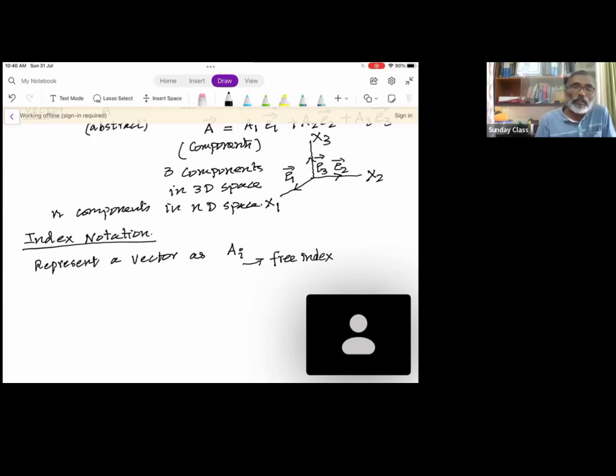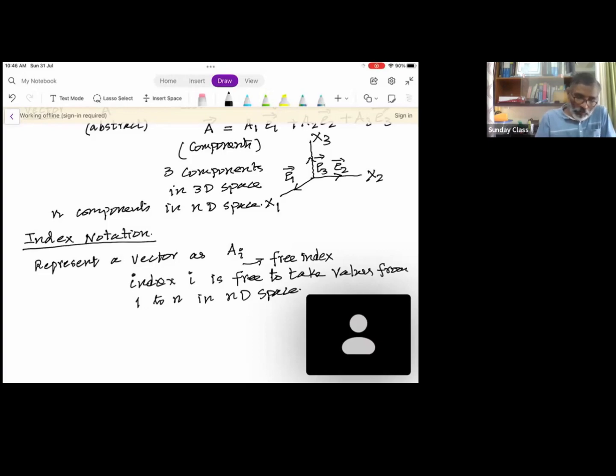Why do we call it a free index? Because the index i is free to take values from 1 to n in n-dimensional space.